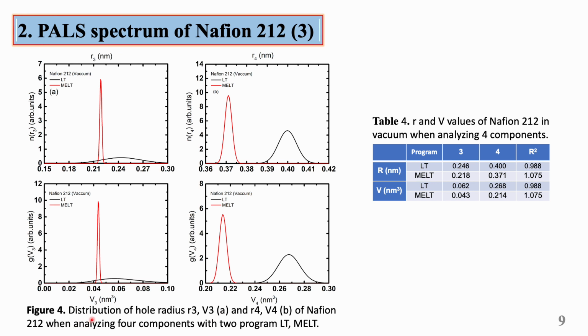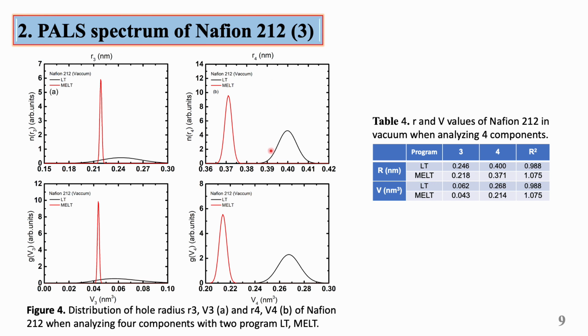Figure 4 shows the distribution of hole radius R3 and volume V3, and R4 and V4, of Nafion 212 when analyzing four components with two programs LT and MELT. R3 represents the hole in crystalline region and R4 represents the hole in amorphous region.